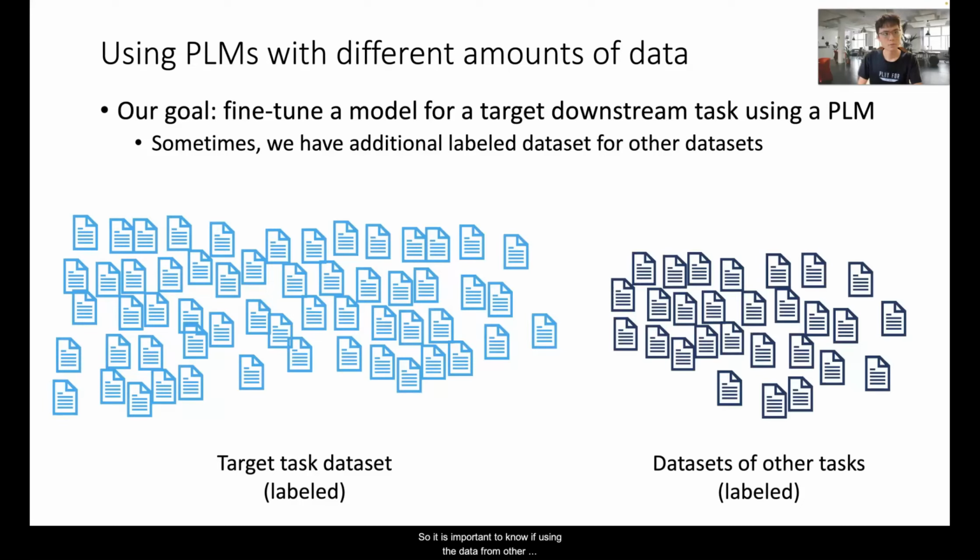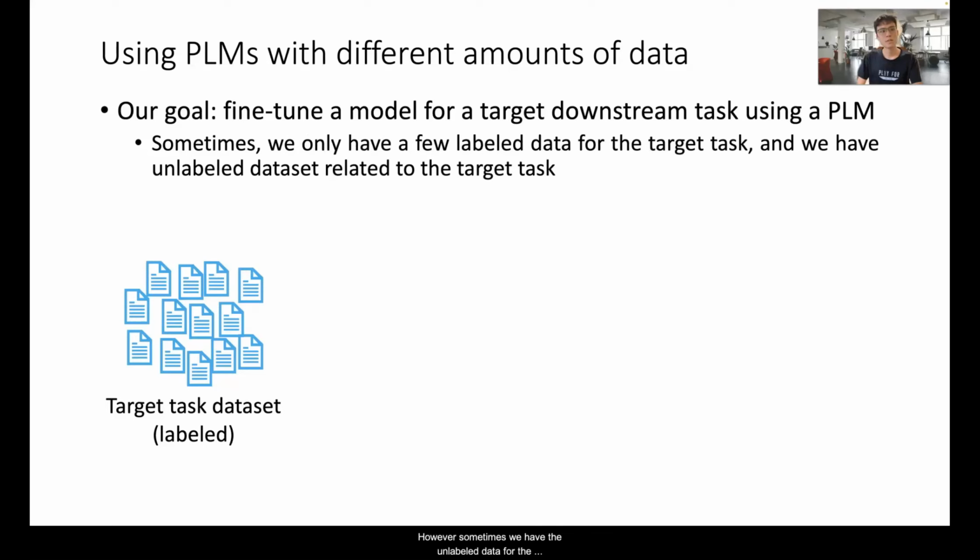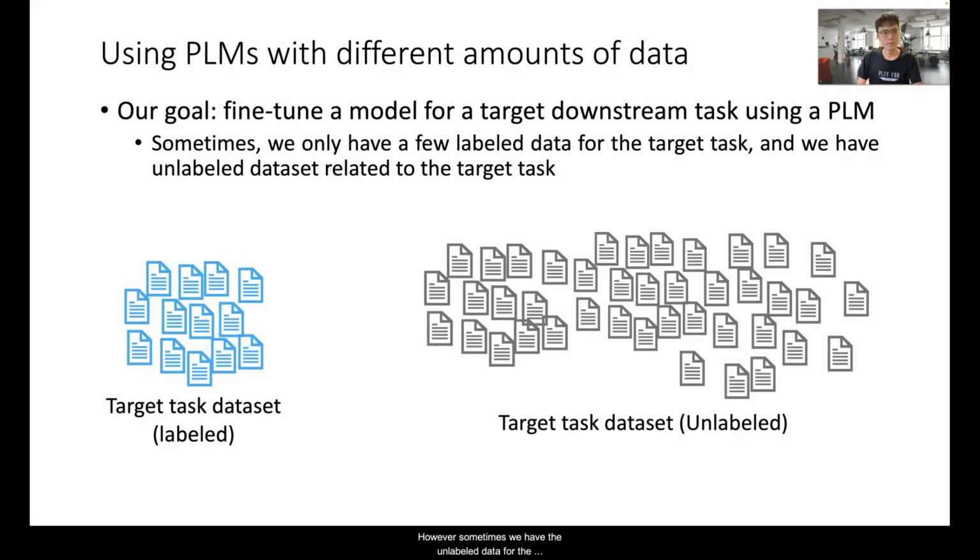So it is important to know if using the dataset from other tasks can help us fine-tune the model on the target task. In some cases, the label data of the target task may be scarce, and it might be very difficult to use standard fine-tuning to achieve good performance. However, sometimes we have the unlabeled data for the target task, and we can use the unlabeled data to improve the performance of the downstream task.